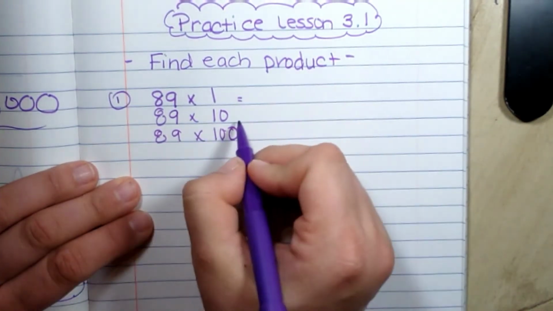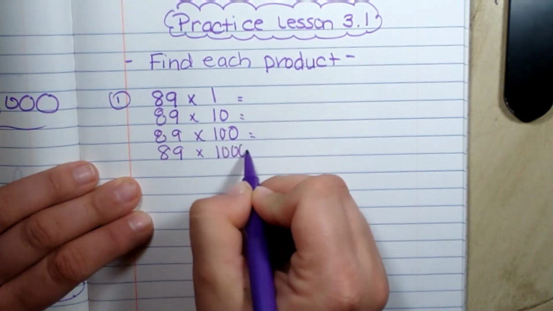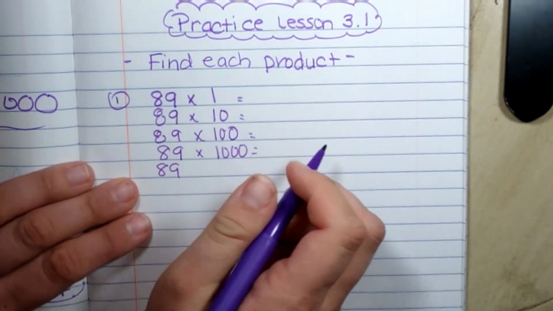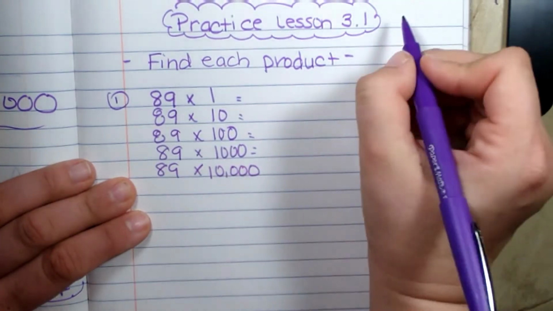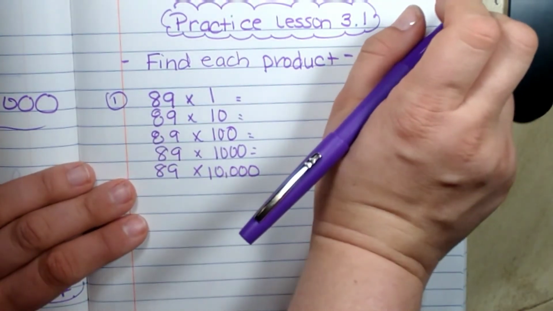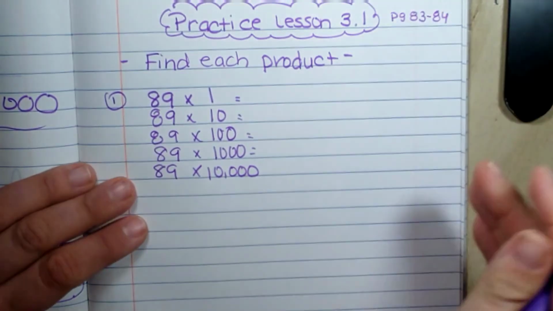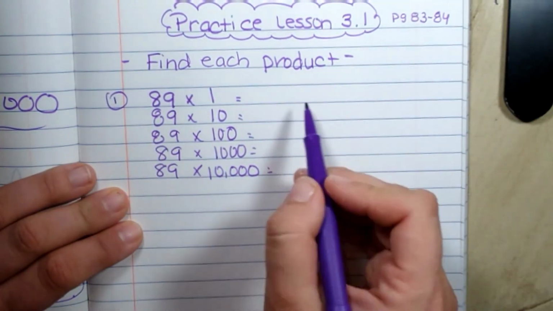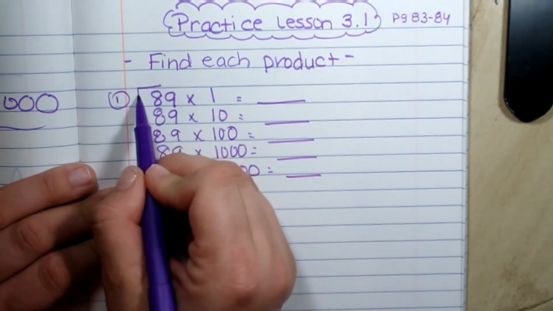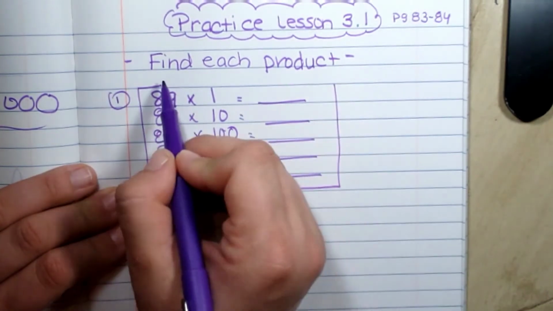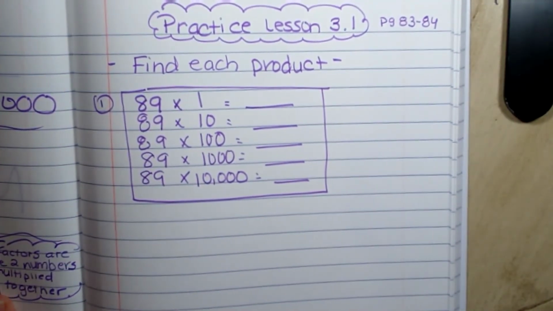I'm doing 89 times 1, 89 times 100, 89 times 1,000, 89 times 10,000. Now, if you need to look at this, this is page 83 in our textbook. Now I want you to refer to this example on the left-hand side to answer that question.